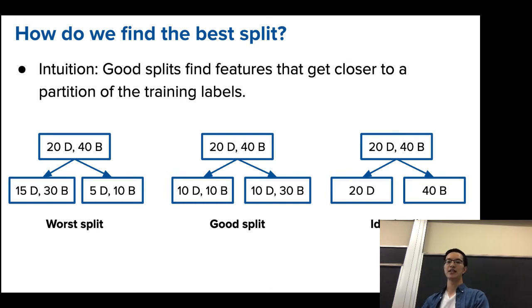If that's the case, then the weekday feature is a great feature to use for my decision tree because it gives me a lot of predictive power as to what I'm going to do. So if I always drive on the weekends and always take the BART on the weekdays, then I can say, okay, I should make a decision in my decision tree based on the weekday. And that will perfectly put the driving on this side and put the BARTing on this side.